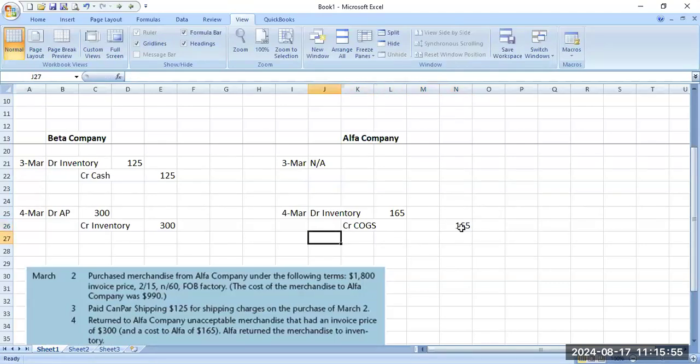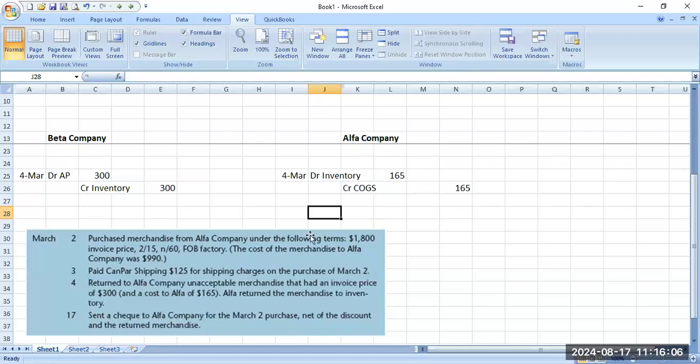Now, once they accept that return from Beta Company, that sale is canceled. So 165 is the cost, but the sale is for $300. Now we have to reduce our sales revenue, but we're not going to go directly to sales revenue.